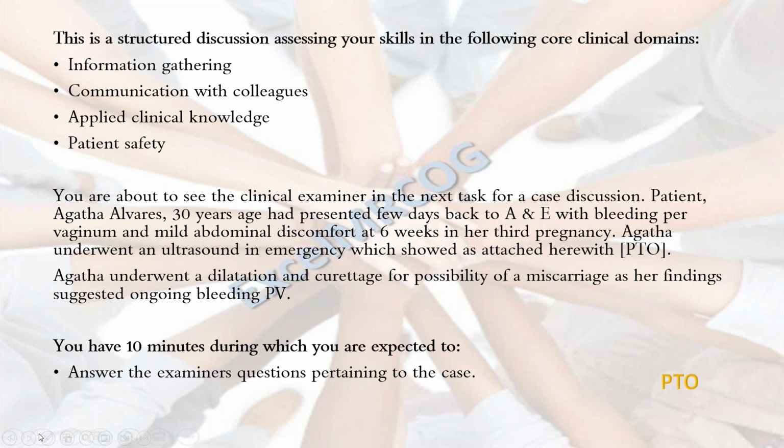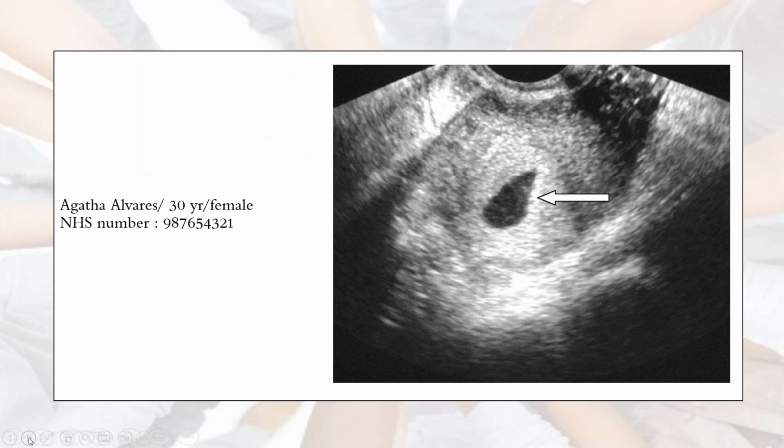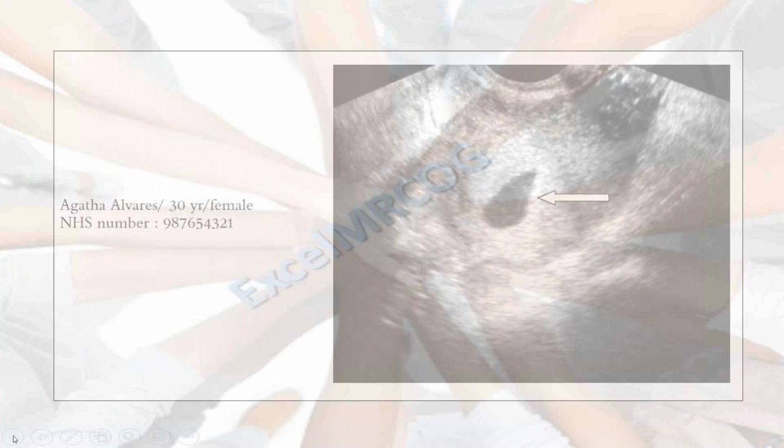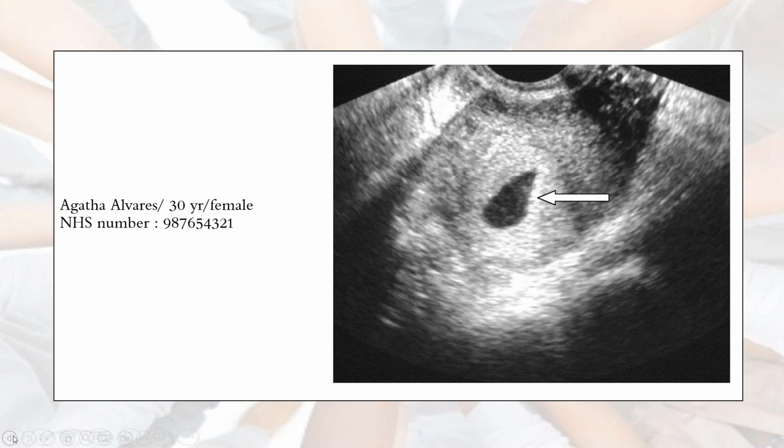Going to the first question, what further information would I need? Let's come to the ultrasound picture before that. The ultrasound here is showing some structure in the uterus. This is the uterus, and there is some structure there. Yes, it would be a pseudosac here, which you find out later when you do the station.